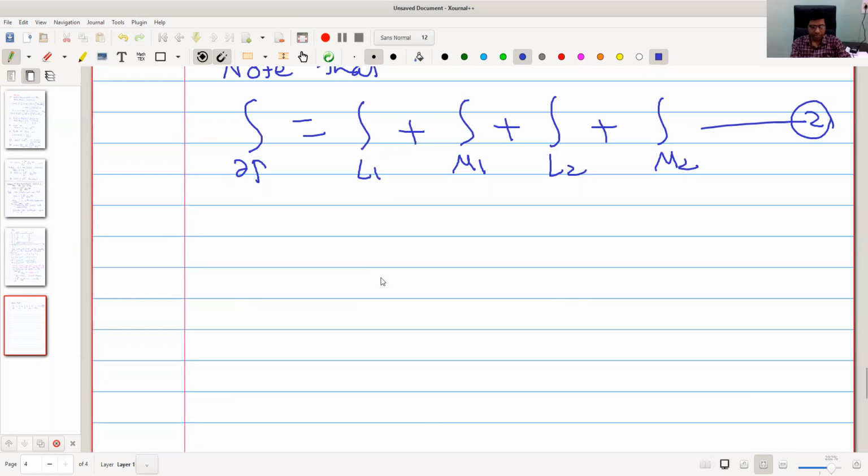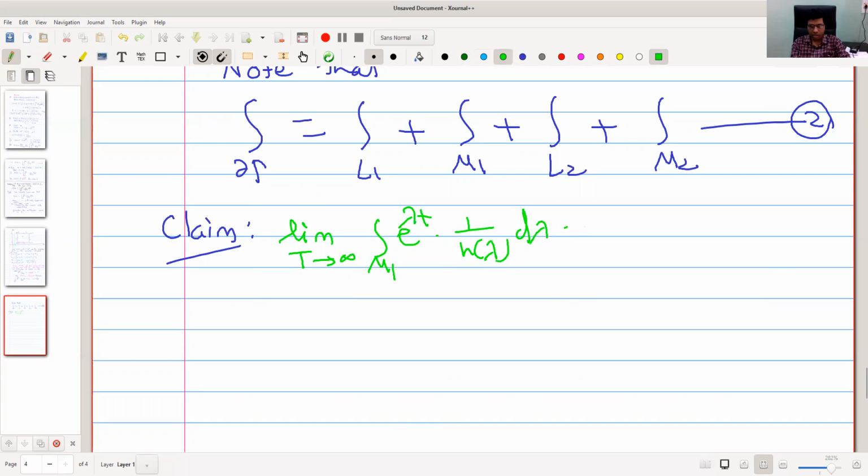Now what is our claim? What we want to show? We will show that the limit as t tends to infinity of the integral along M1 of e raised to lambda t into 1 upon h of lambda d lambda equals 0.